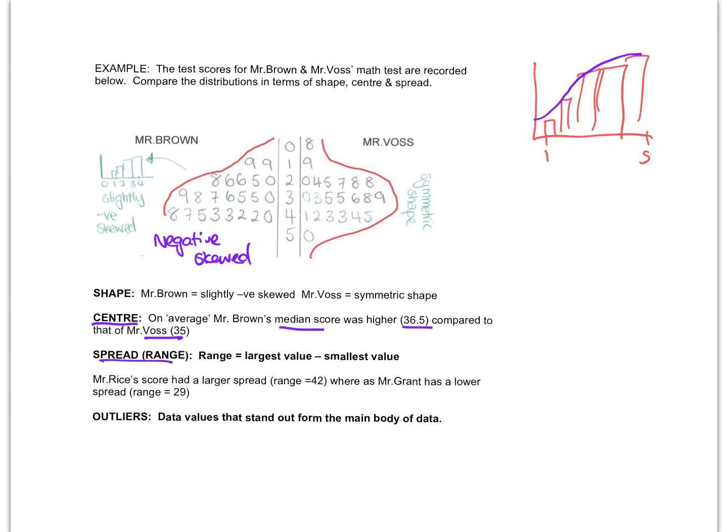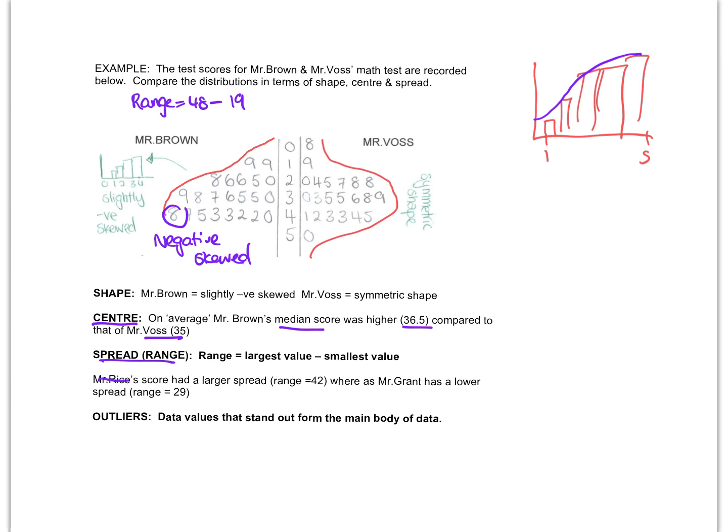The spread is when you just say the range. So the range is the largest minus the smallest. Say for Mr. Brown, the largest was 48. So the range was 48 minus the smallest, which was 19. We've got the wrong things in here. So what's 48 minus 19?